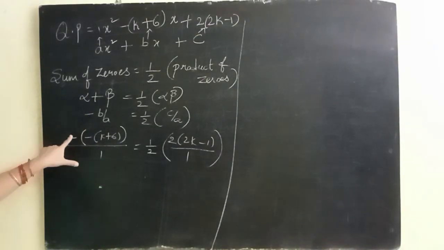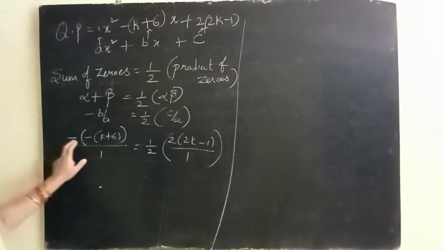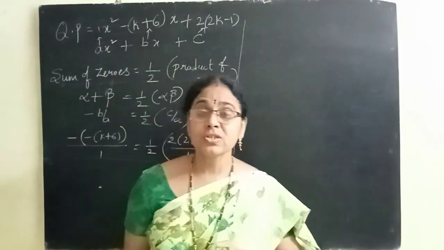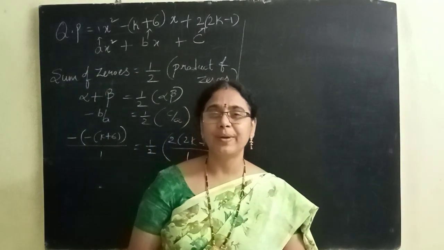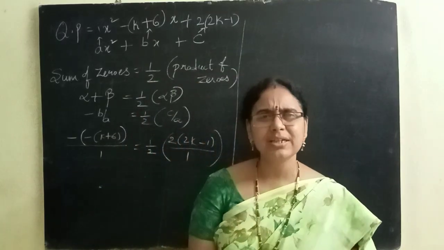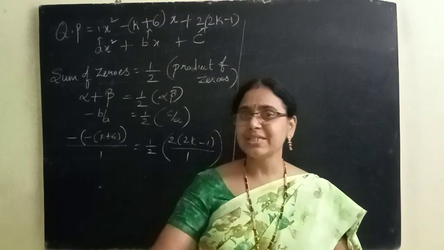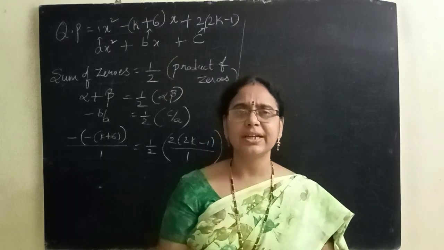In the formula we have minus, that's why I wrote here the B value as minus of k plus 6. So the minus is there, don't leave it. Here you just substituted by saying this sum. Oh, it's a very big sum? Don't feel like that, it's very easy. Sum of zeros, half of their product. Did you understand the condition? Very easily you'll get it.